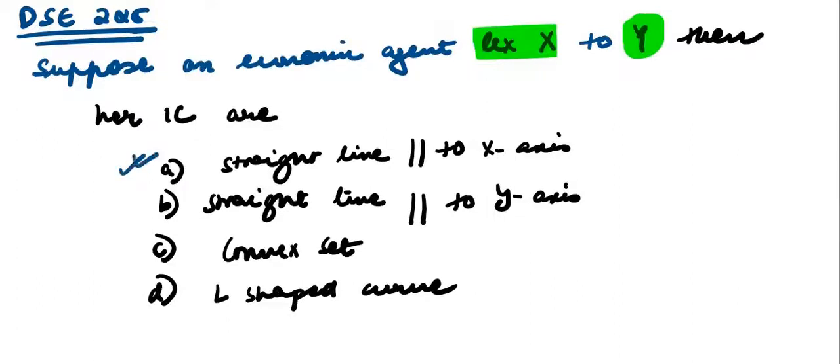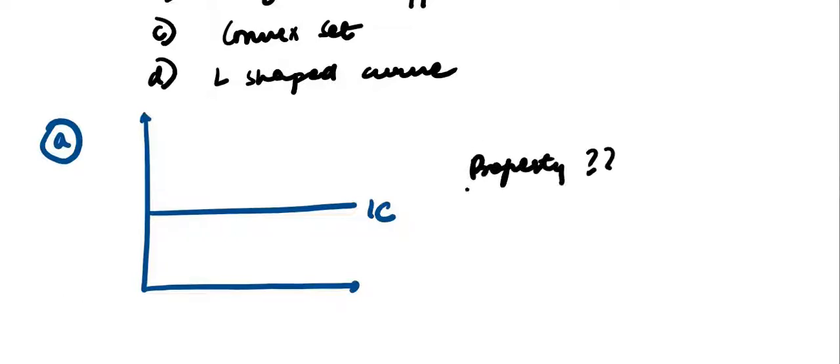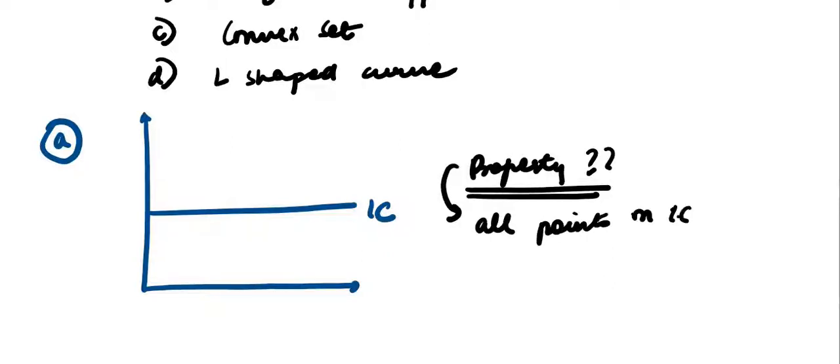The first option tells me that the lines are parallel to the x-axis, which means that this is my indifference curve. What is the property of an indifference curve? All points on an indifference curve give you the same level of utility, isn't it?